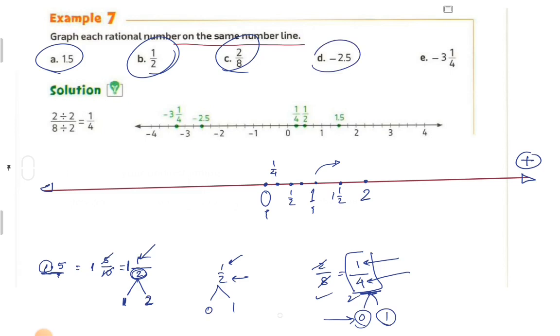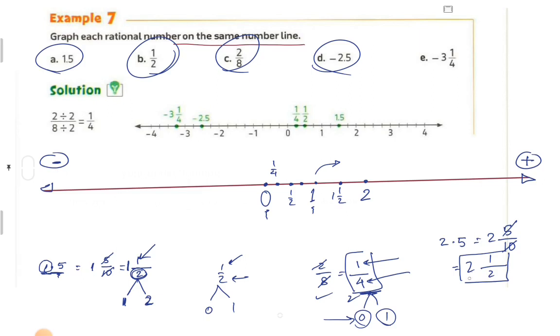Next, negative 2.5. Note that it's negative, so it's to the left of 0. 2.5 equals 2 and 5 over 10, which simplifies to 2 and a half, in the negative direction.